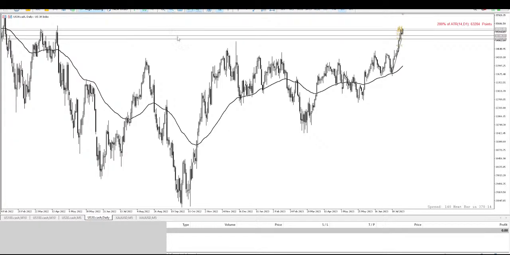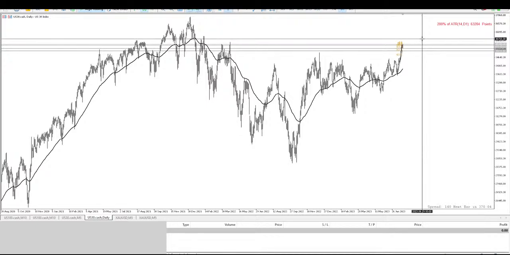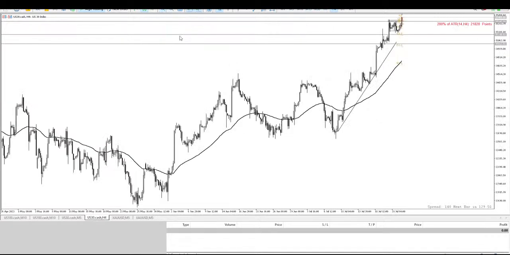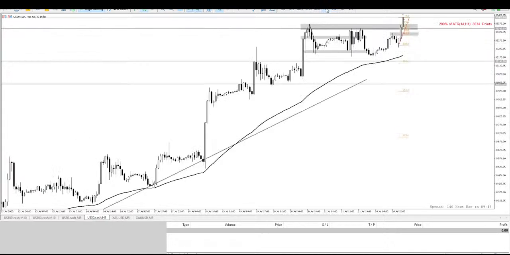Okay, for US30, what do we have? 4 levels here. 35,630 maybe. It's looking really strong.